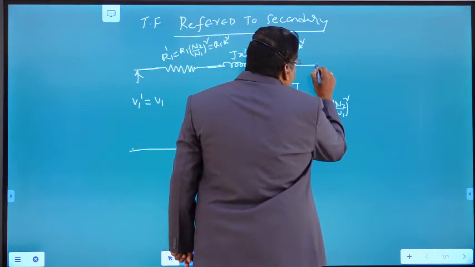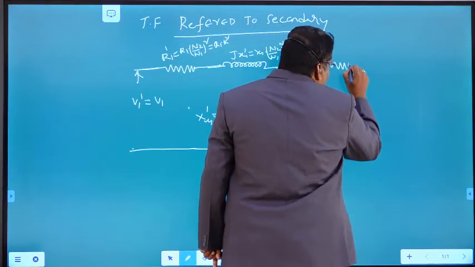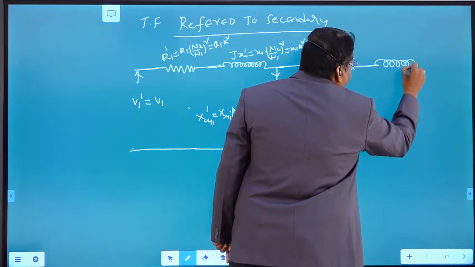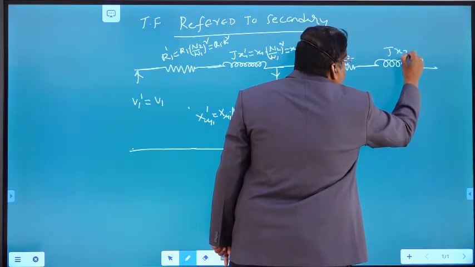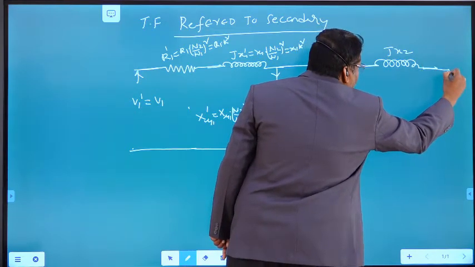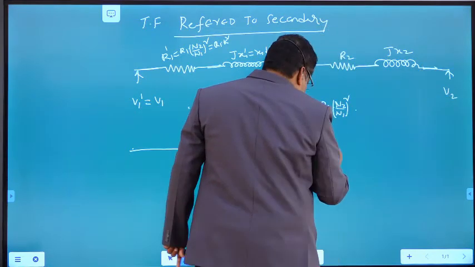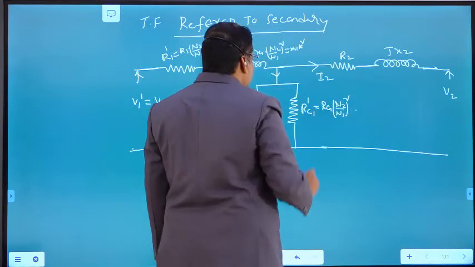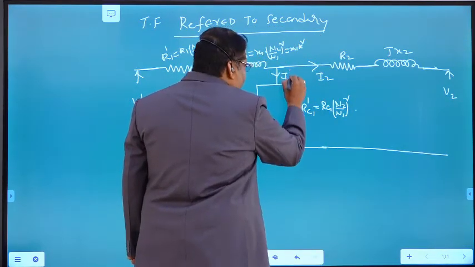Now the secondary has a resistance R2 as it is, and jX2. This is the V2. In this branch the current is I2, and this is I0 dash.